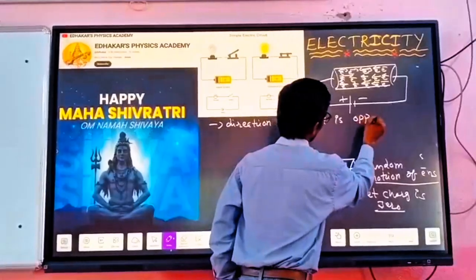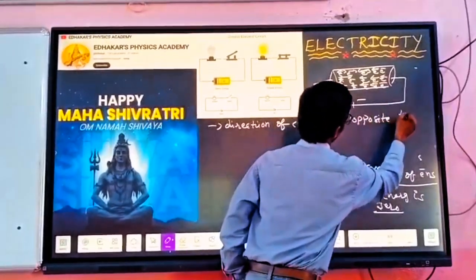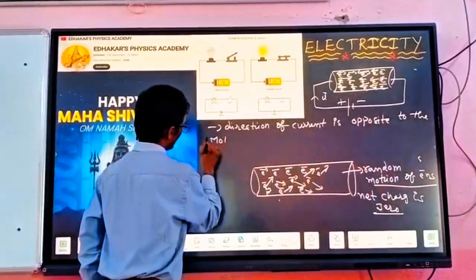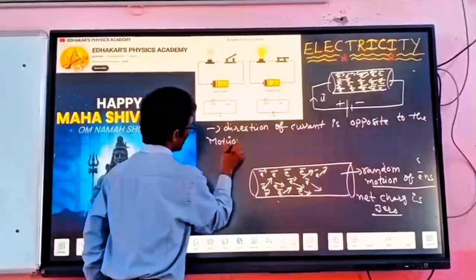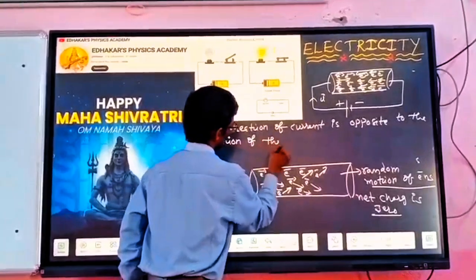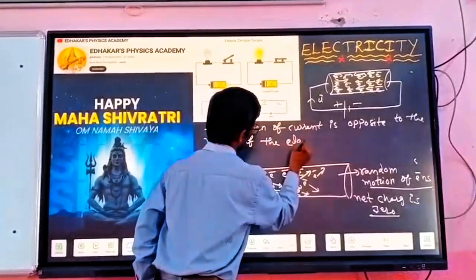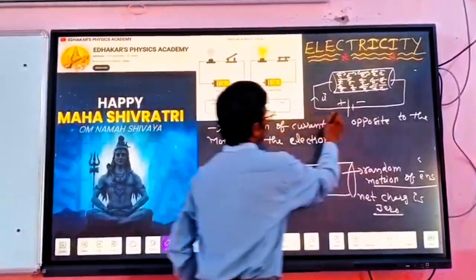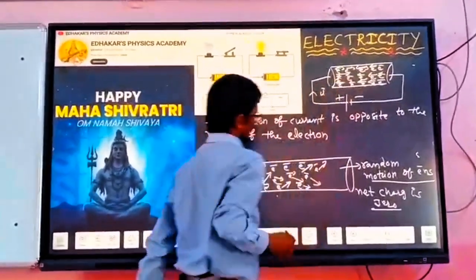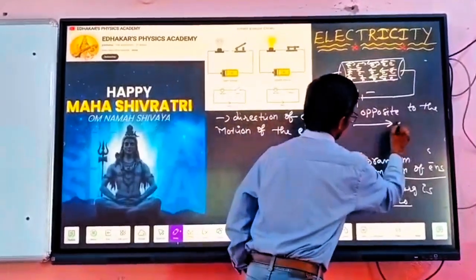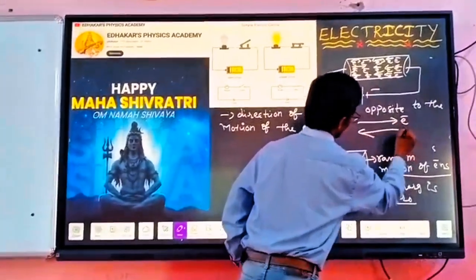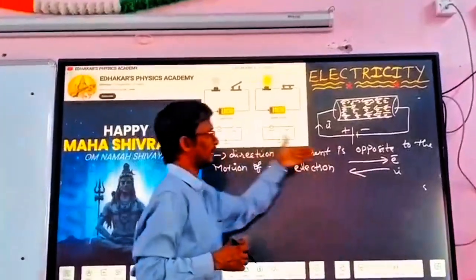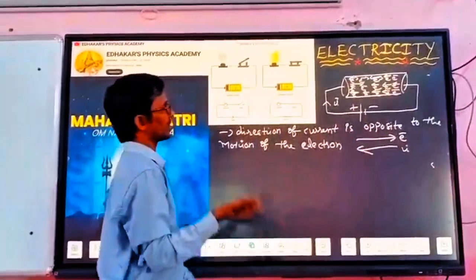Suppose electrons are moving in this direction; the current direction I is the opposite direction. The current direction is opposite to the motion of electrons.